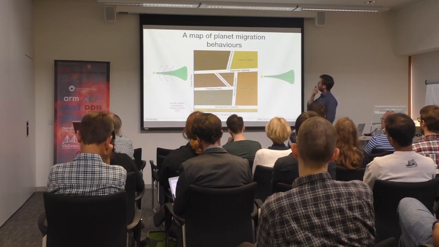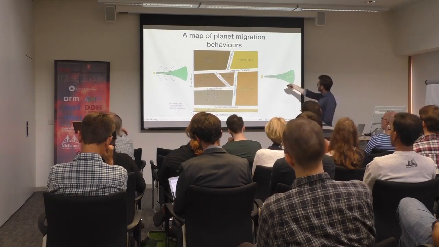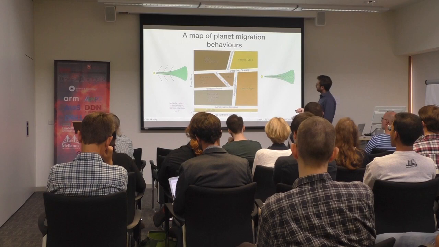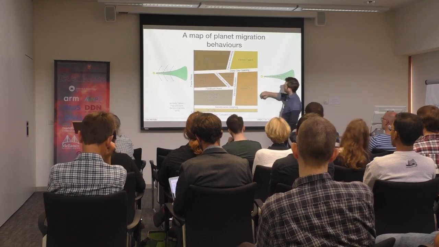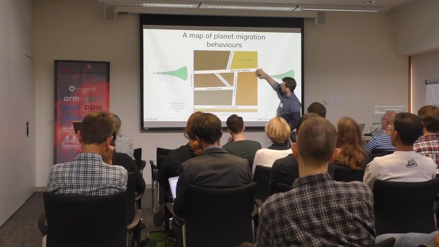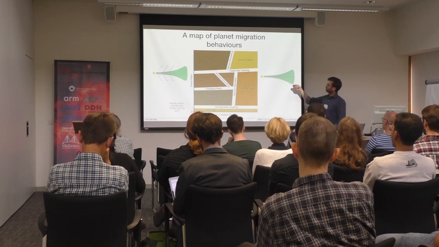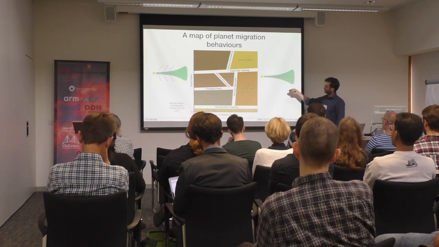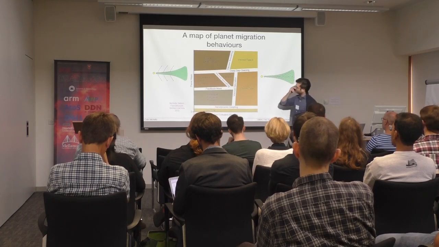So, as an attempt to organize what's already known about this, I put up this map here. And in the days when we thought we had viscous accretion disks, we were in a pretty simple situation where there was a reasonable analytical approximation and simple two-dimensional numerical models which could describe these type 1 and type 2 regimes of disk-planet interaction, from low mass to high mass.